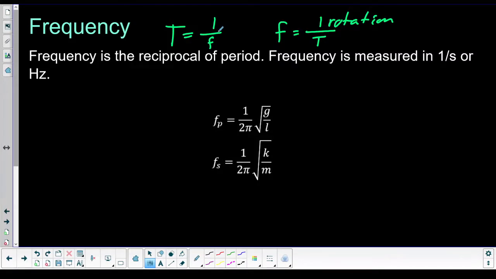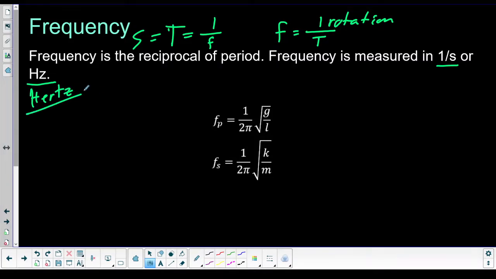Slightly different, but it's important enough that they gave it a name. So frequency, because it is the reciprocal of period, and period is a time measured in seconds. If we do the 1 over this, frequency is measured in 1 over seconds or per seconds. It has its own name. It's a hertz, Hertz.